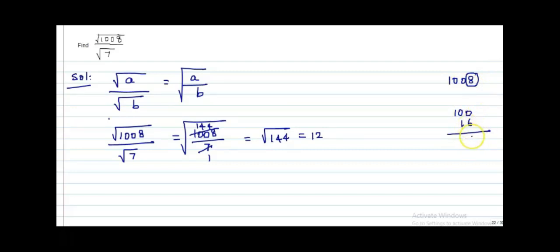Then we have 100 minus 16, which is 84. And 84 is exactly divisible by 7. Therefore, as it is divisible by 7, we could cancel the common factor and got root of 144, which is equal to 12. We move on to the next question.